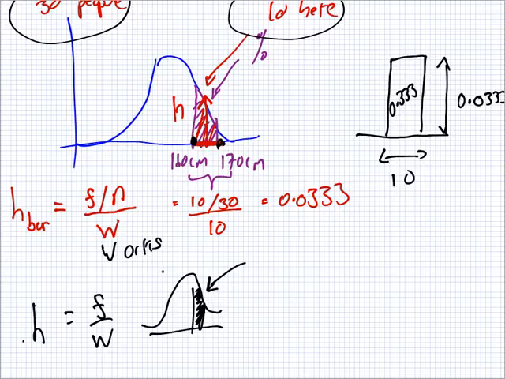Go on, don't be shy. Give me the letter if you know the letter. Because how big is this base? W. So what's W times F over W? F. So the area would represent the frequency, how many people.